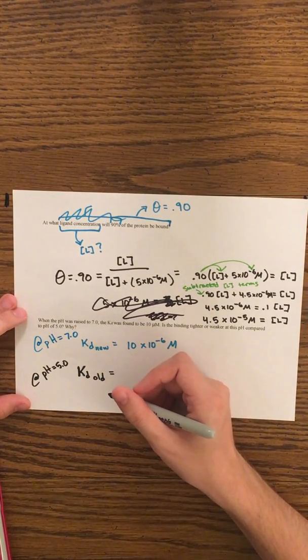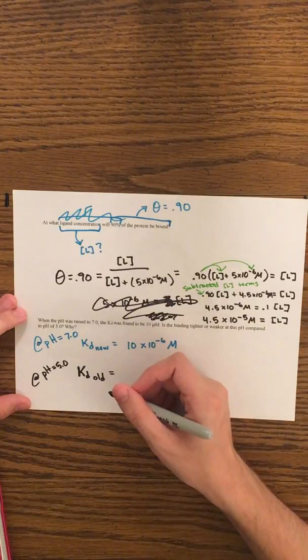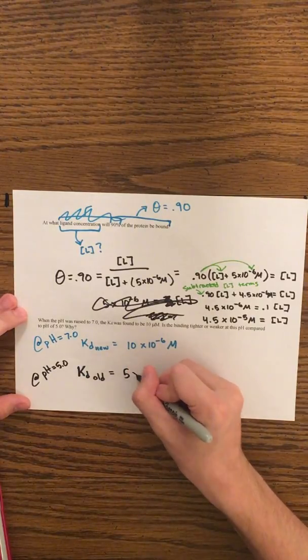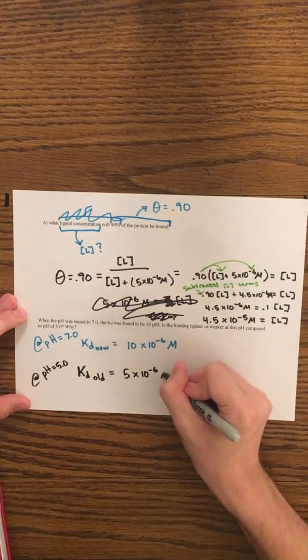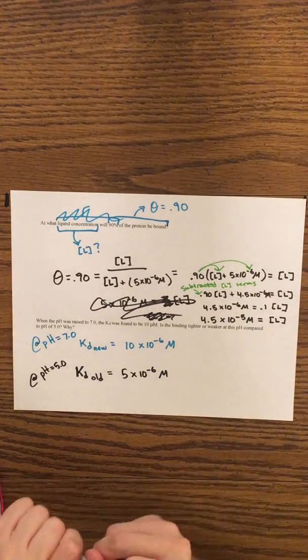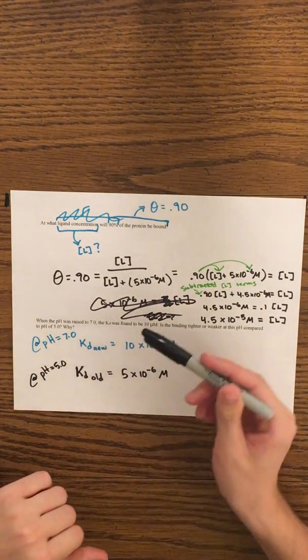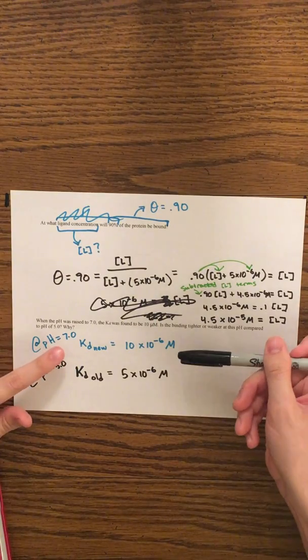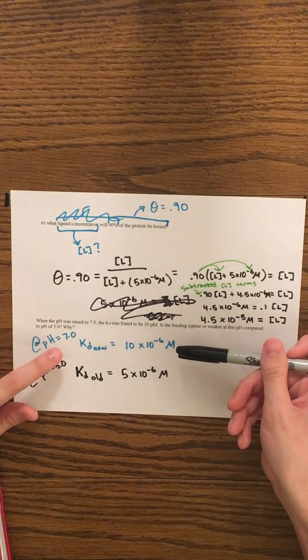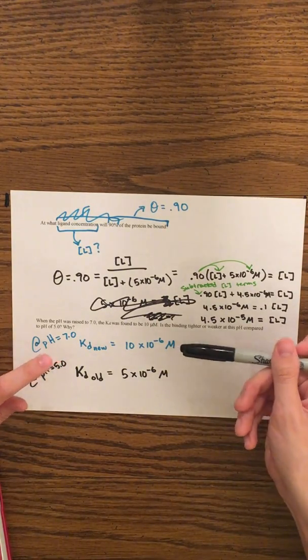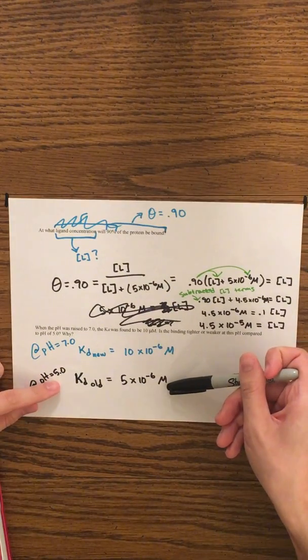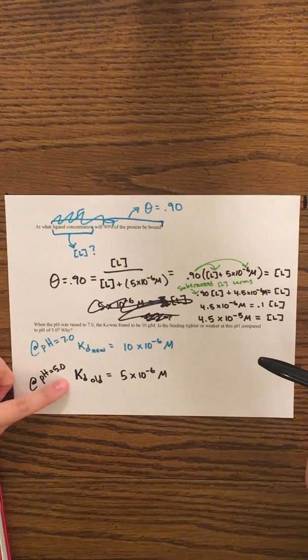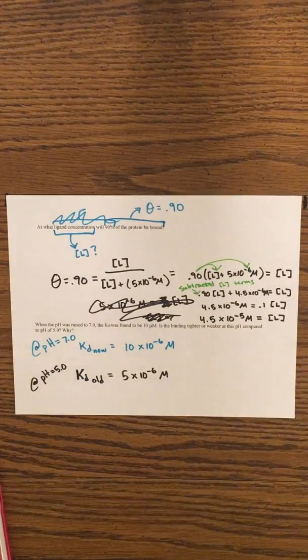This we had already experimentally found to be 5 times 10 to the negative 6. So when we increase the pH, the equilibrium dissociation constant changed from 5 times 10 to the negative 6.